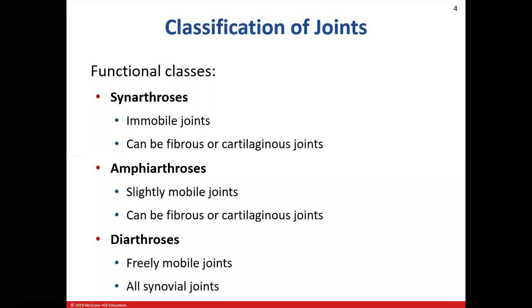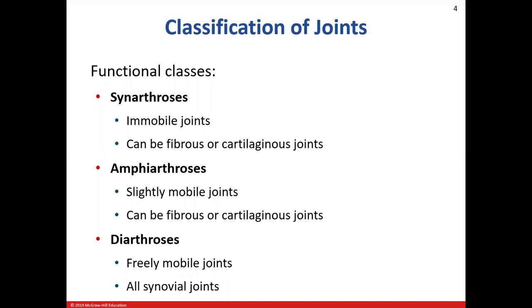We also classify joints based on functional classifications, which basically refers to the amount of movement that they have. These classifications are going to include a synarthrosis, an amphiarthrosis, and a diarthrosis. With a synarthrosis joint, these are immovable joints.